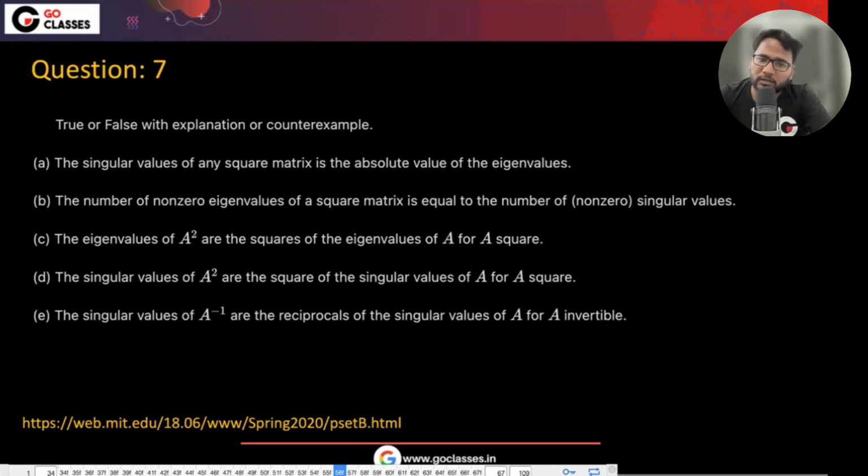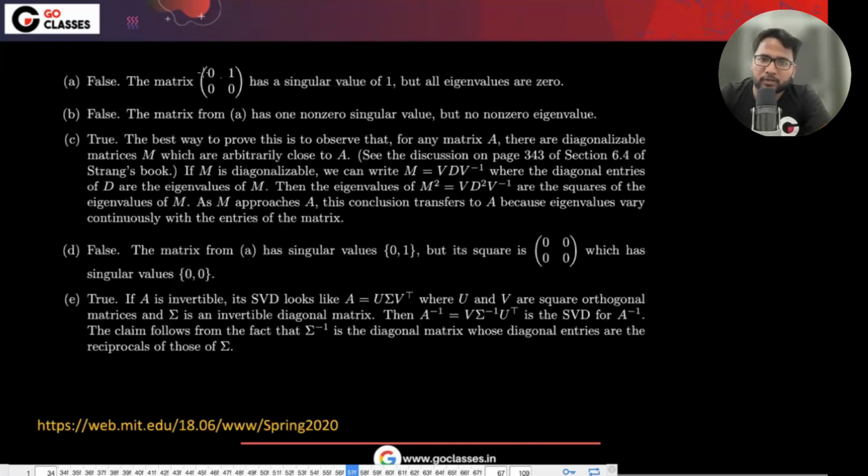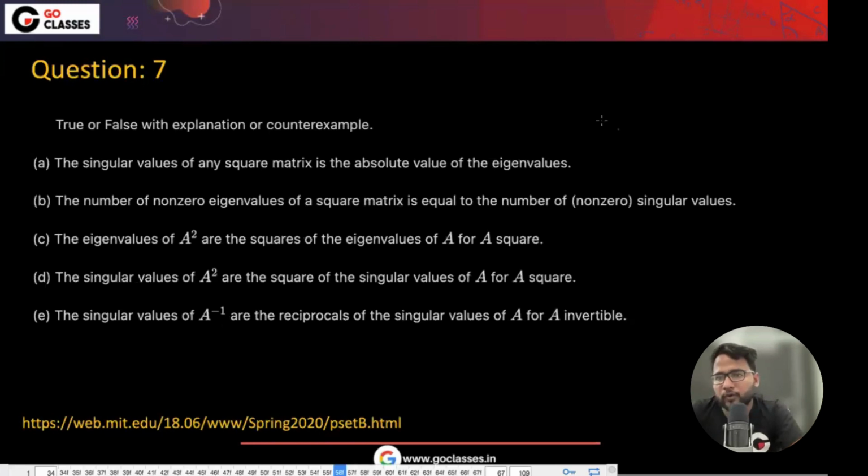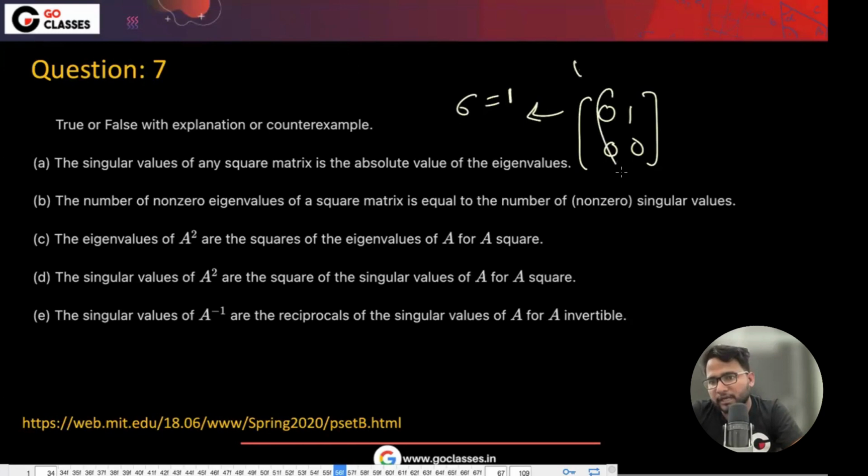So, it is actually false. You can have the counterexample. For example, they have given this as a counterexample: 0, 1, 0, 0 has singular value of 1, but the eigenvalues are 0. Actually, there is no relation. If you find out the singular values using the eigenvalues of A transpose A, then the singular value sigma is basically 1, but the eigenvalues are actually 0. So this is actually false.